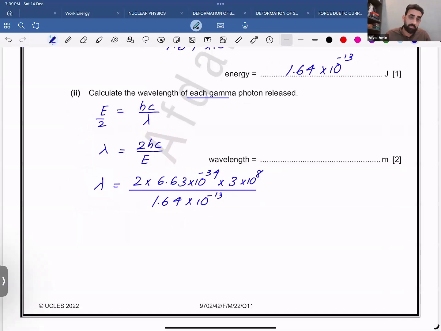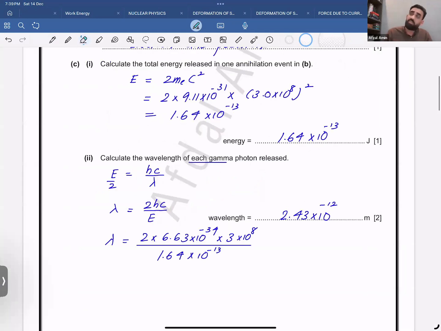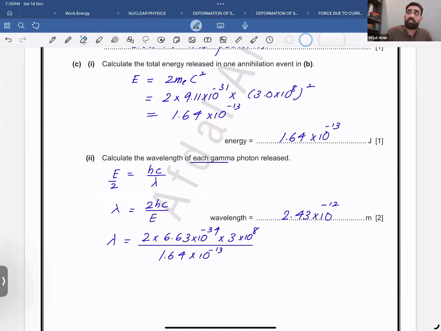Please calculate it. The answer is about 10^-12 meters. This equation is from quantum physics, actually. The energy of a photon is hc over lambda. I did half of that because that was for 2 gamma ray photons. Yeah?